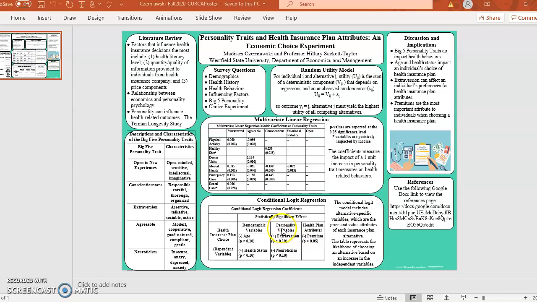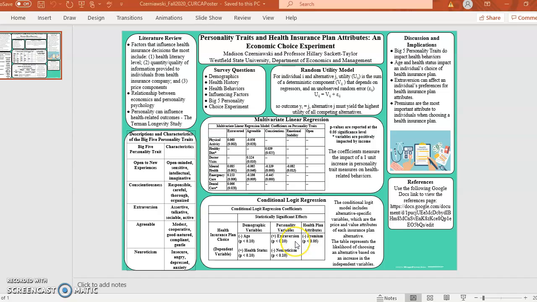So the table with these results show how different independent variables impacted the dependent variables we ran this specific regression on. So for example, demographic variables such as age had a negative impact when individuals were choosing health insurance plans, while health status had a positive impact.